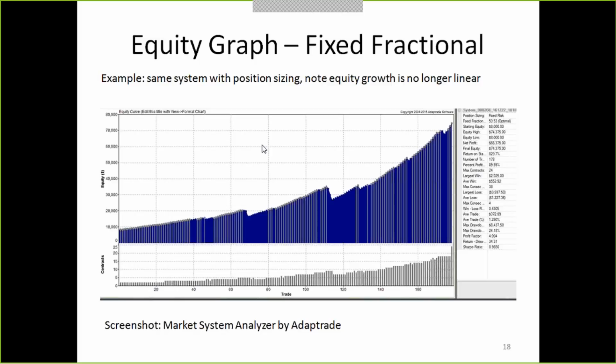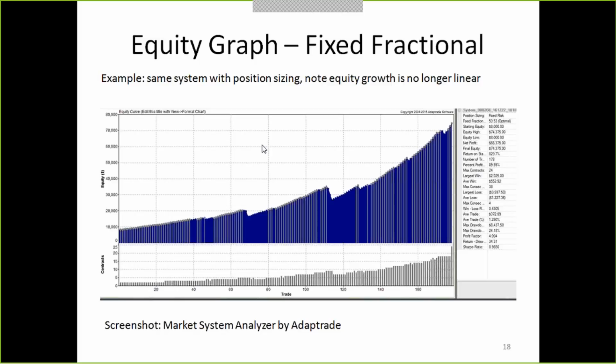Now, this particular system, the risk on each trade was pretty much the same. So the risk wasn't as big a factor with this one as was the fact that the equity was growing, and as our equity grew, it started trading more contracts. And so this one made some more money. I'm going to compare the two on the next slide, so you can see what the difference is.